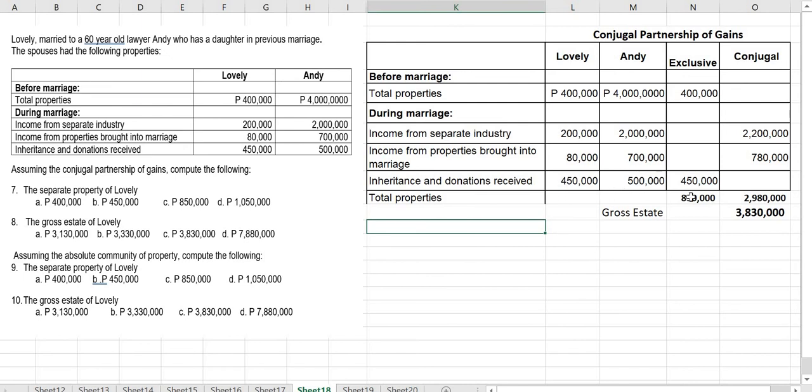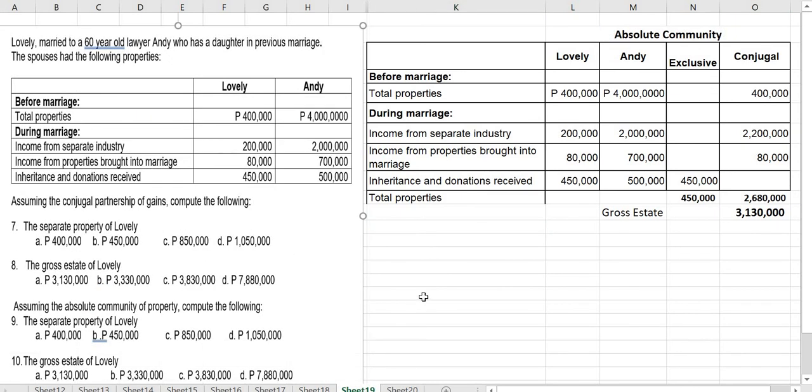So this 500,000 is exclusive to Andy, and you have only 450,000. So the total exclusive properties is 850, the conjugal is 2,980, and the gross estate is 3,830,000.